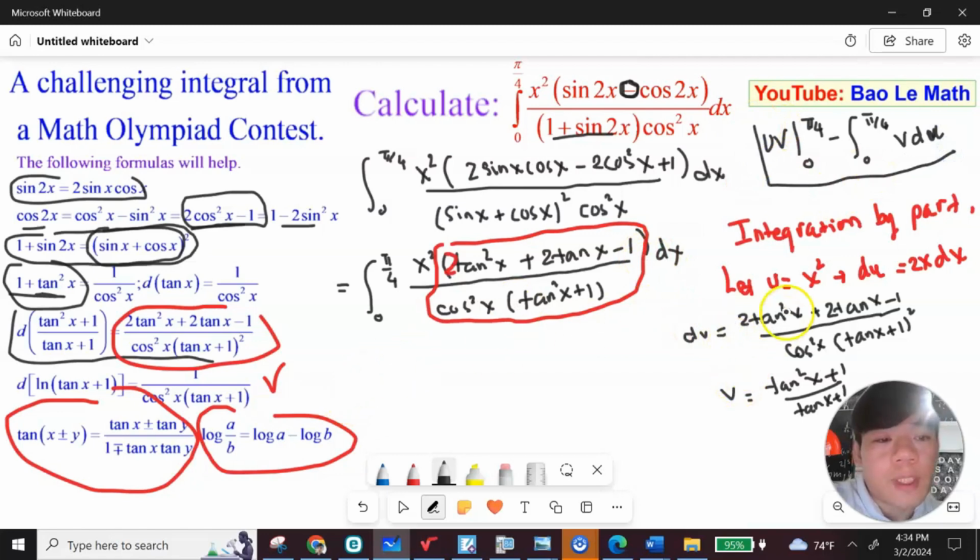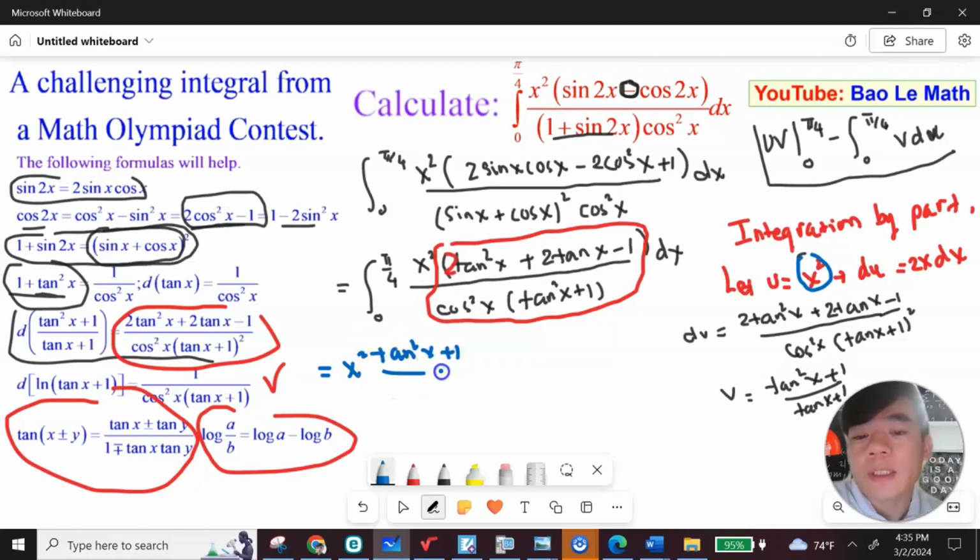With u equal s squared and v equal this one, I have s squared times tangent squared of s plus 1 over tangent s plus 1, evaluated from 0 to pi over 4. Now minus the integral from 0 to pi over 4.